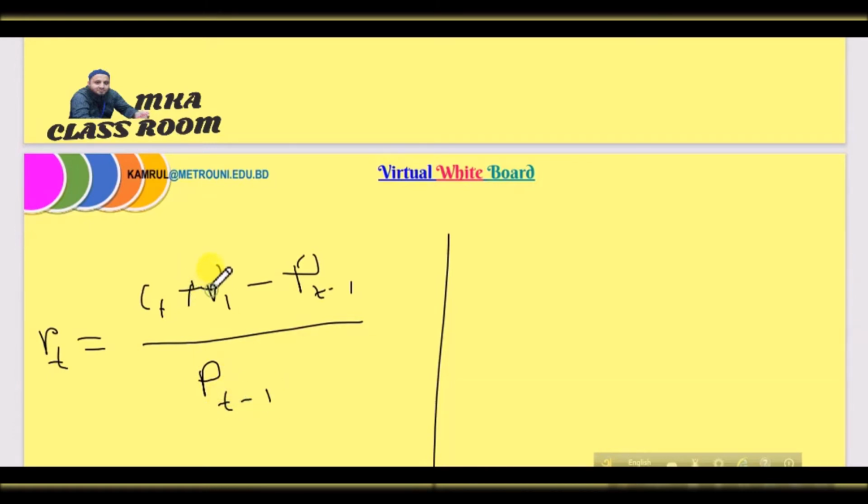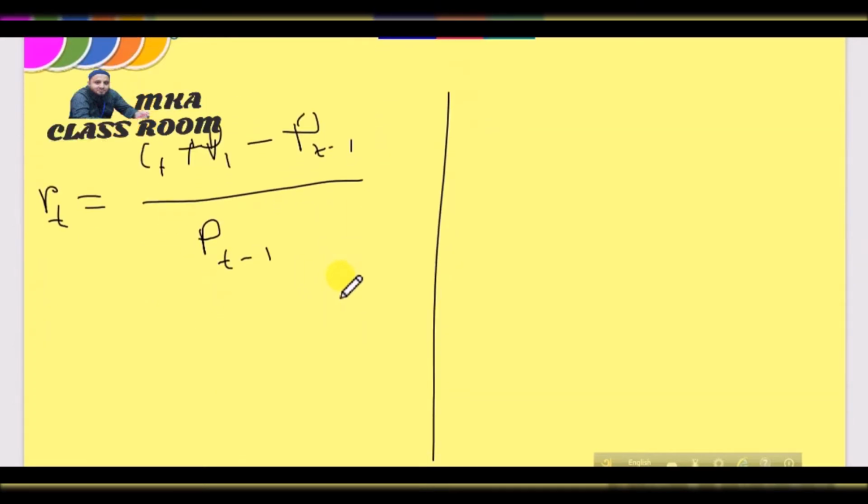We know the formula very well from our previous class. If we put down the values, it is easy for us to calculate the return.